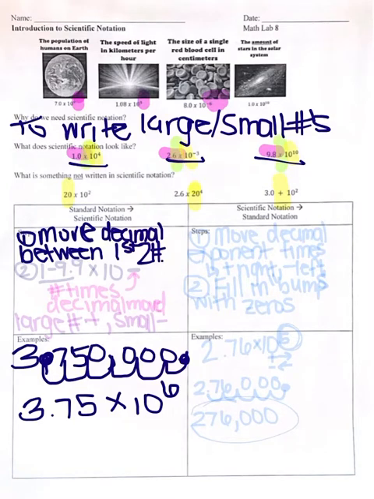Then we write it as that decimal, something between 1 and 9.9, times 10 to some power.